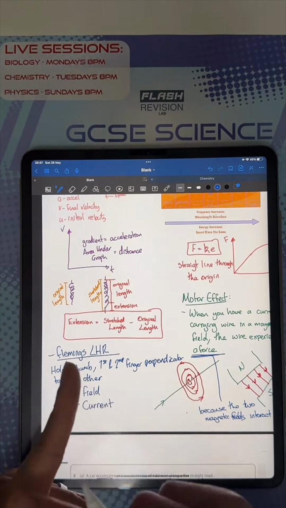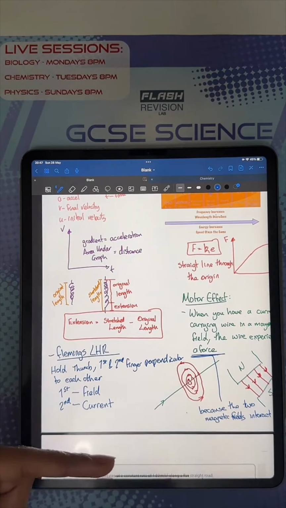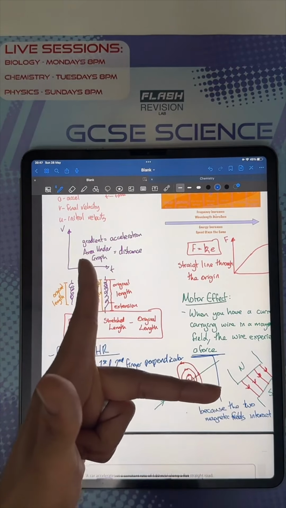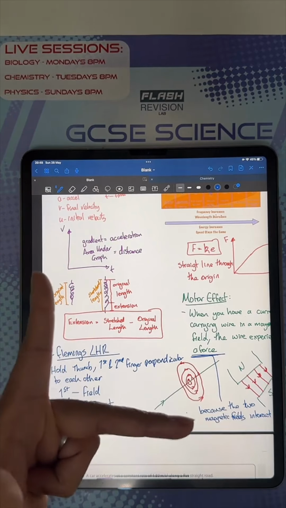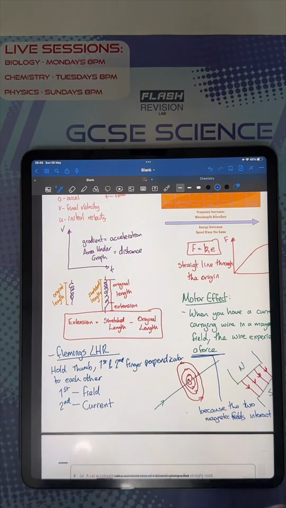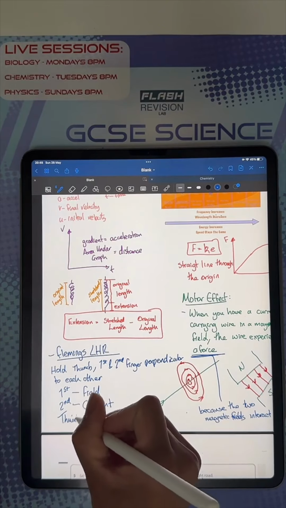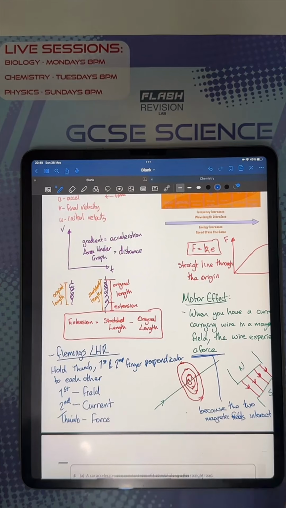You look at your diagram, line up your first finger with the direction of the field, line up your second finger with your current, and then wherever your thumb is pointing is where the force is acting, the direction the wire is going to move. So your thumb is the direction of the force, or the direction of the movement.